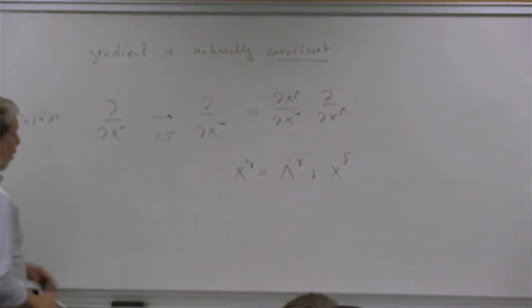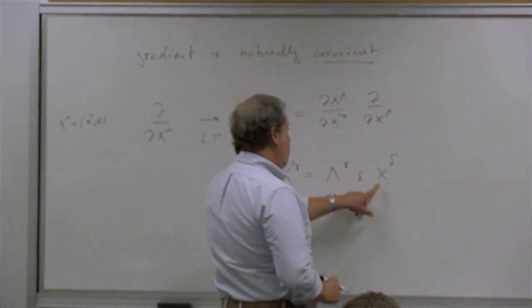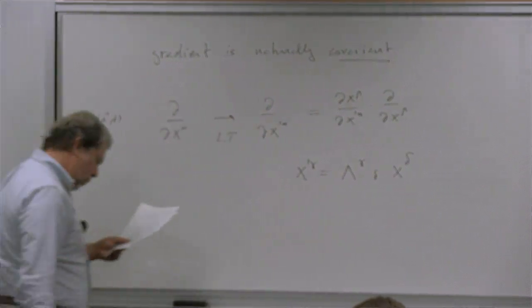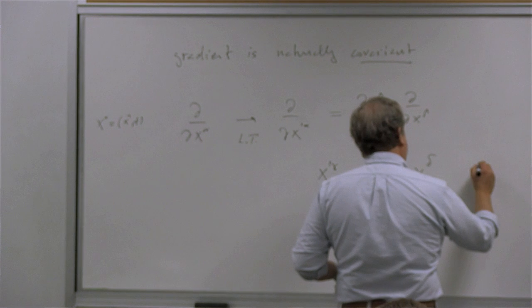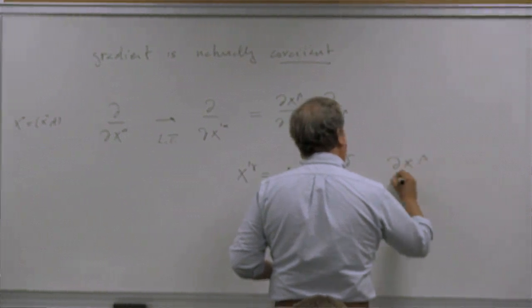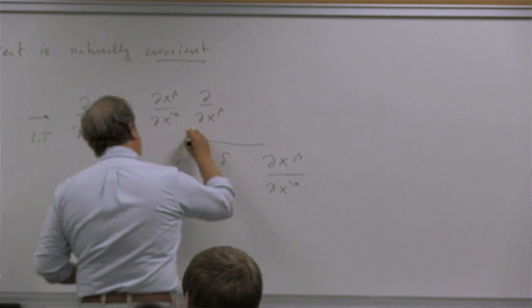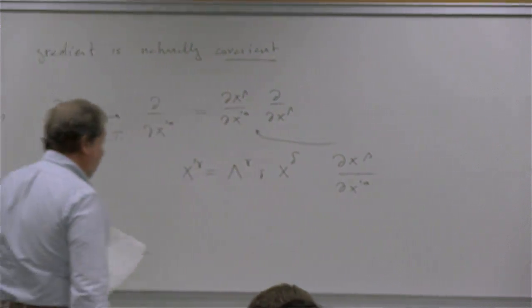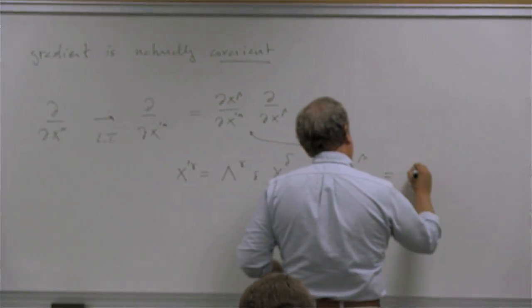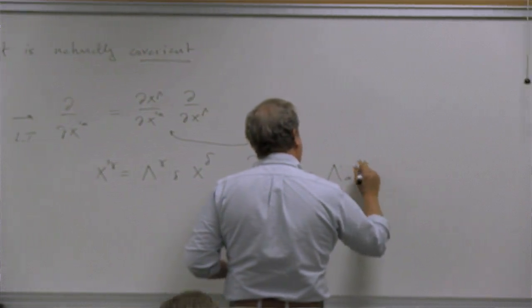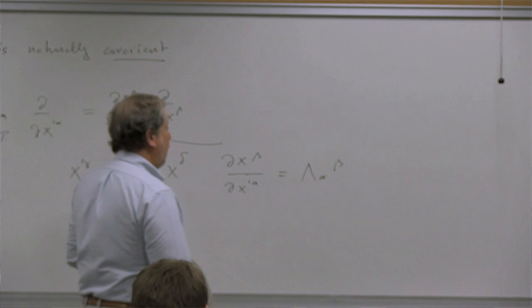The transformation law for the coordinate is equal to this. So you can solve for x delta in terms of the lambda to the -1. And so dx beta by dx prime alpha, which is what we have up there, is equal to lambda alpha beta, like this.